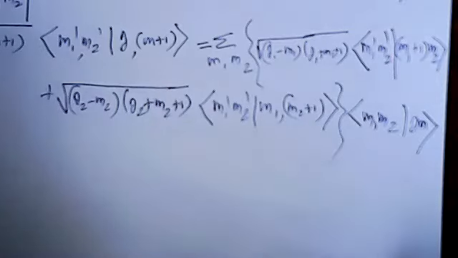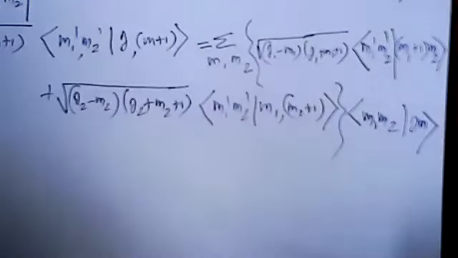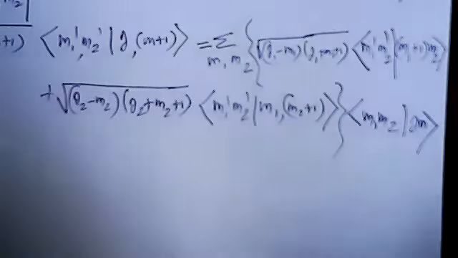Taking the scalar product with m1 m2. So we have three terms, one term on the left side and two terms on the right side. Multiply on the left side with the bra ⟨m1' m2'|. That we did. Now use the orthonormality property.